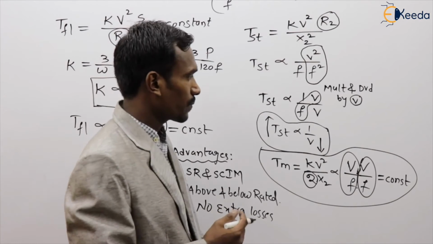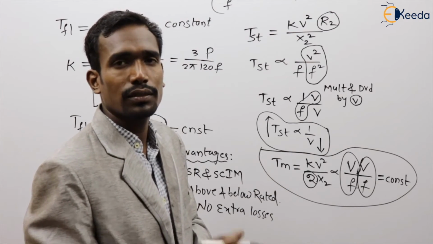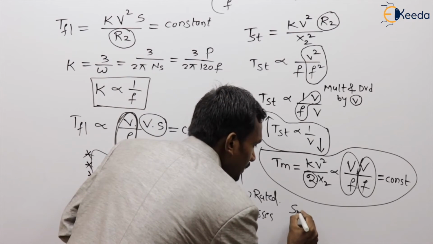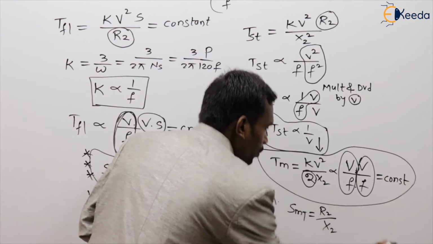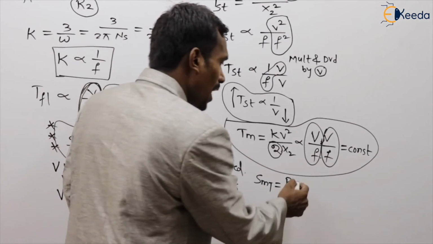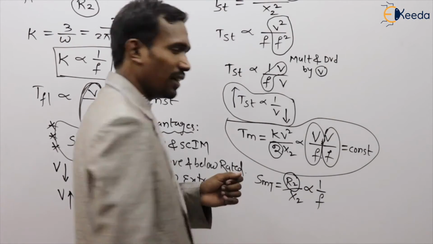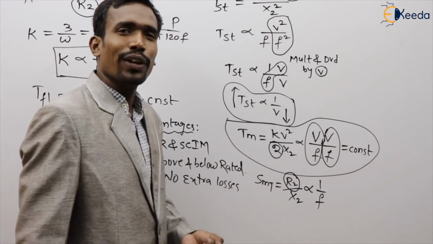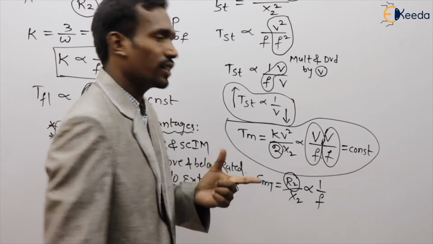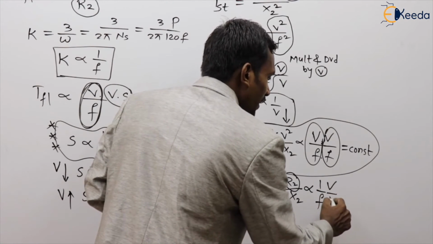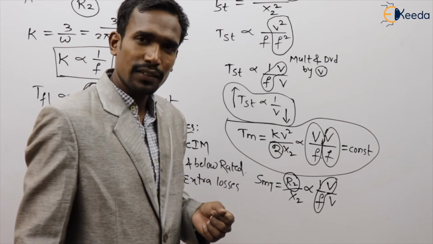Starting torque completed, maximum torque completed, and next, slip at maximum torque. Slip at maximum torque is equal to R2 by X2. Here R2 is already constant, and X2 is nothing but 1 by F, but there is no V. We should have the relations in terms of voltage. That's why I multiply and divide by voltage, and these two become constant.